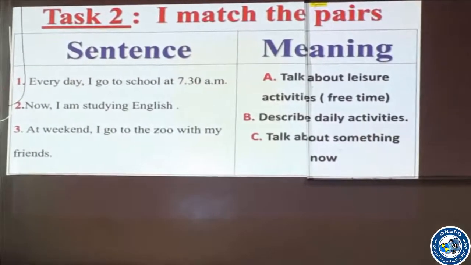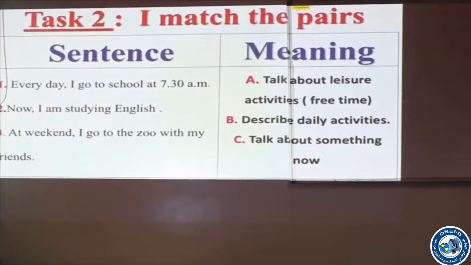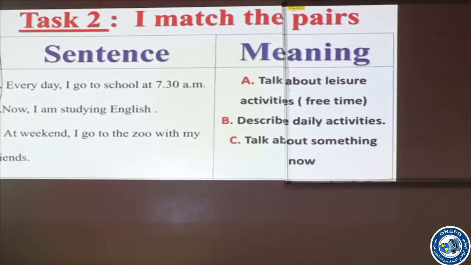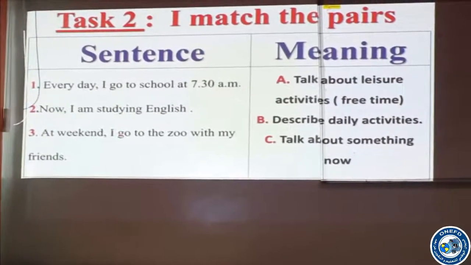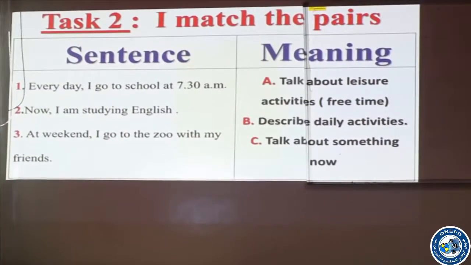Second sentence, now I am studying English. Third sentence, at weekend I go to the zoo with my friends.